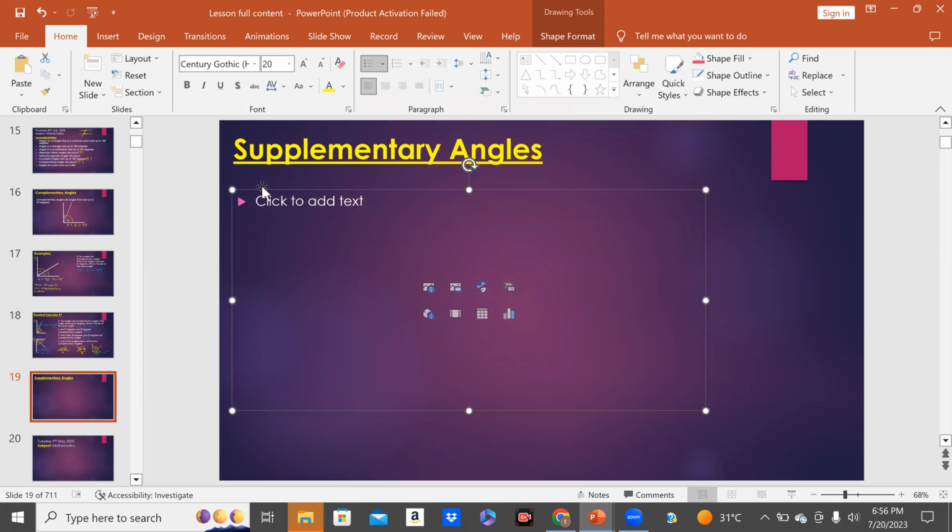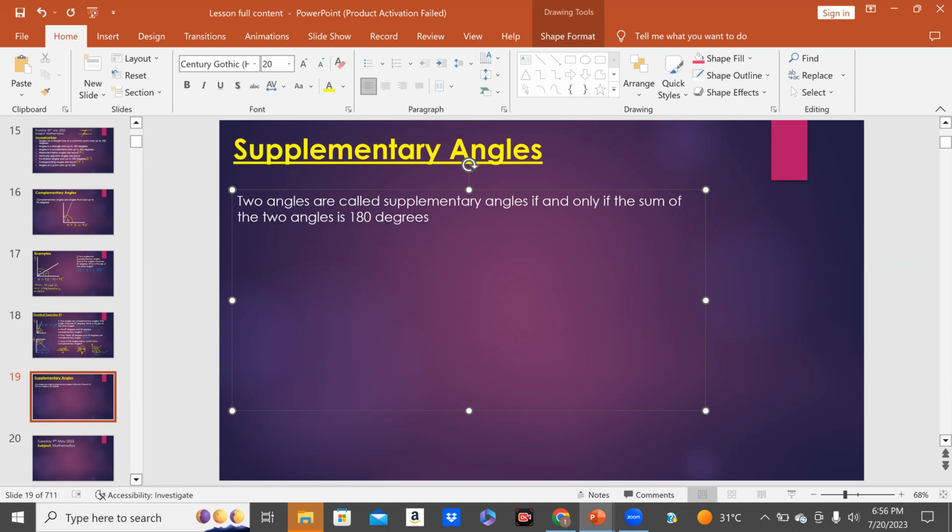So we say two angles are called supplementary angles if and only if the sum of the two angles is 180 degrees.